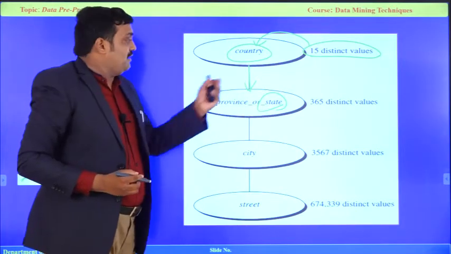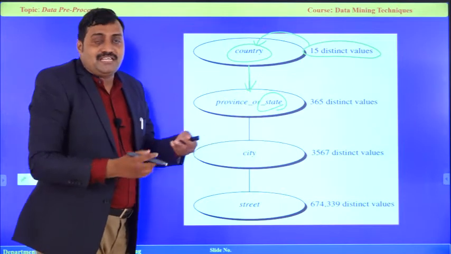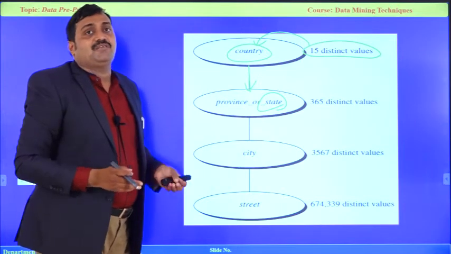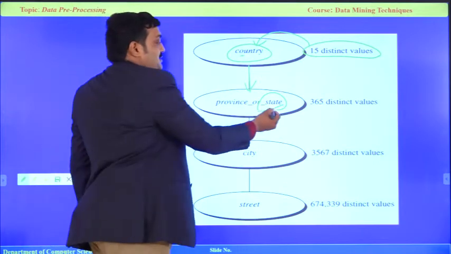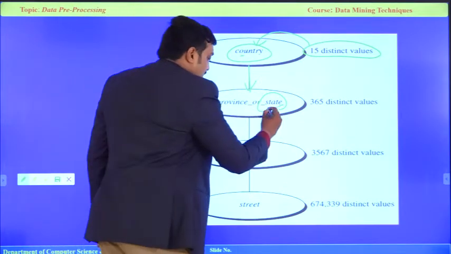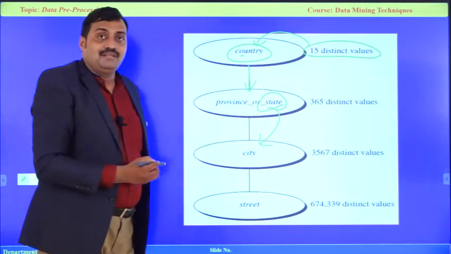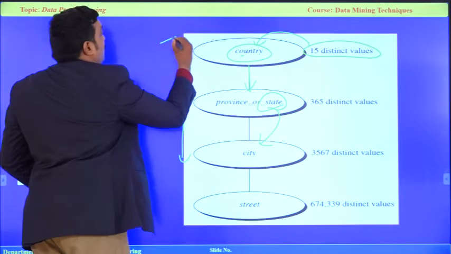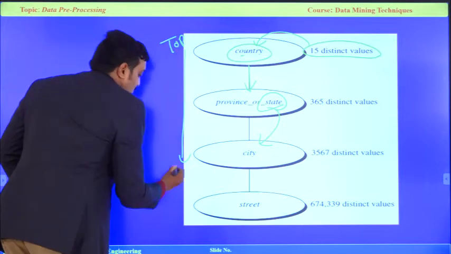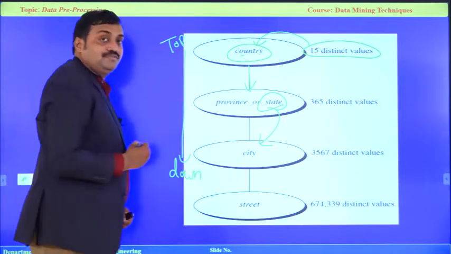Irrespective of the other details, first we focus on the country, then the state. From the state, which city. That means the distribution is like a top-down approach.